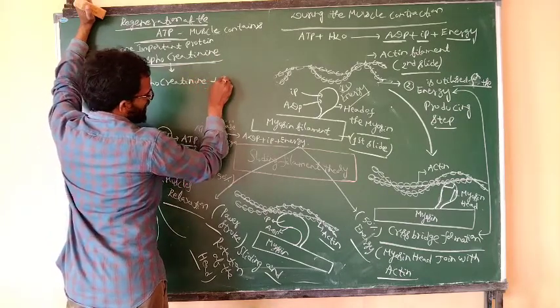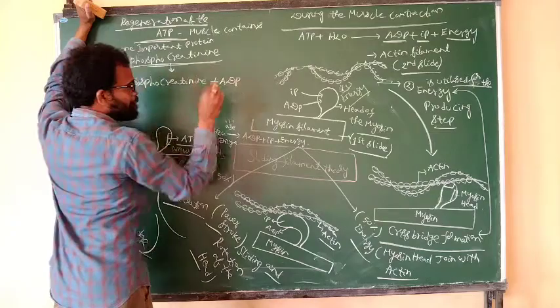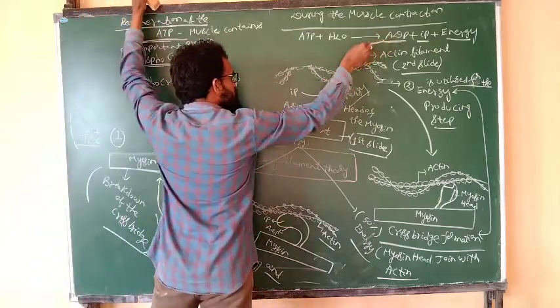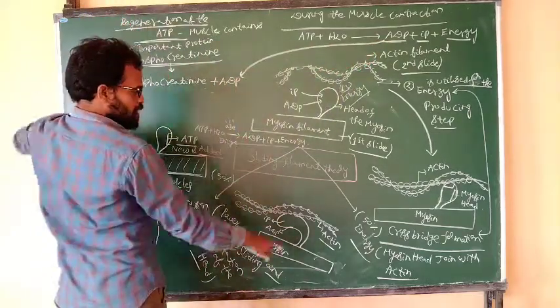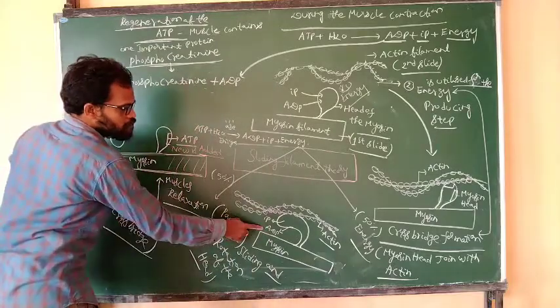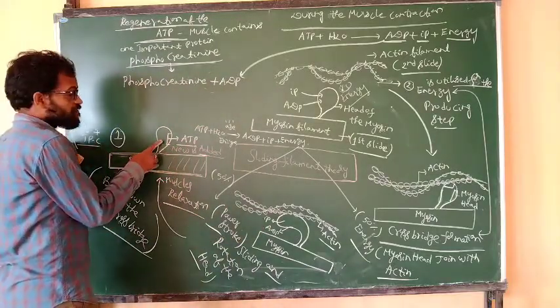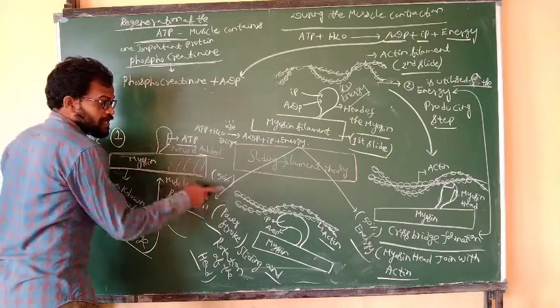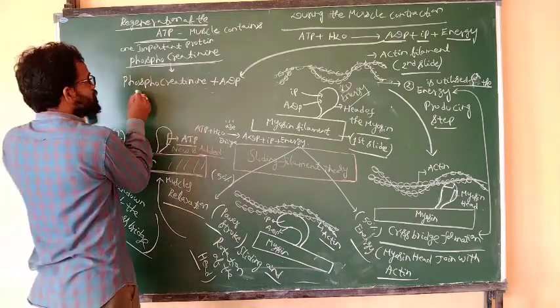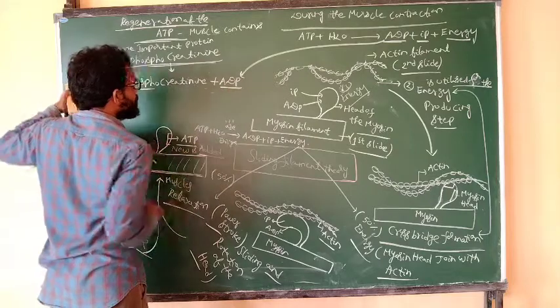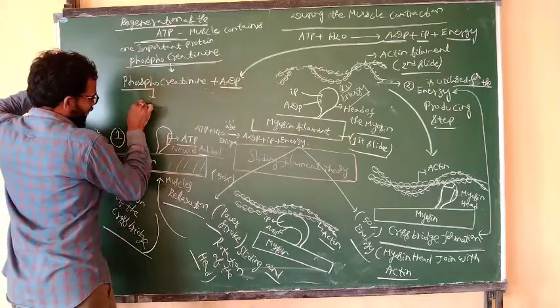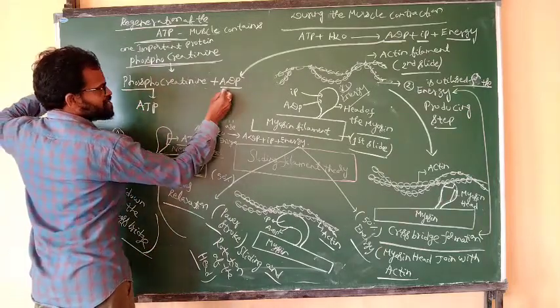Phosphocreatine combines with ADP. Phosphocreatine plus ADP produces ATP.